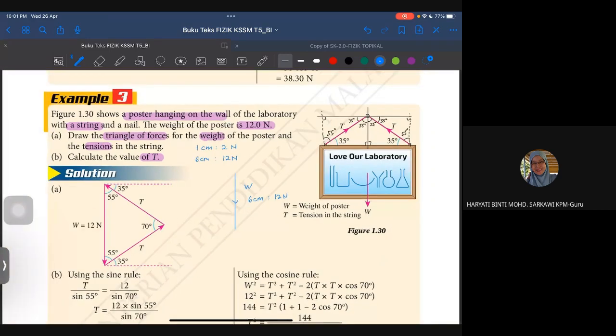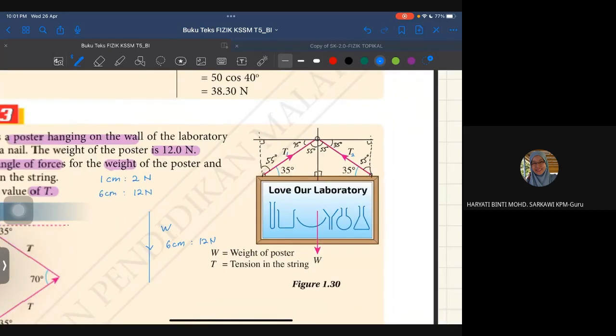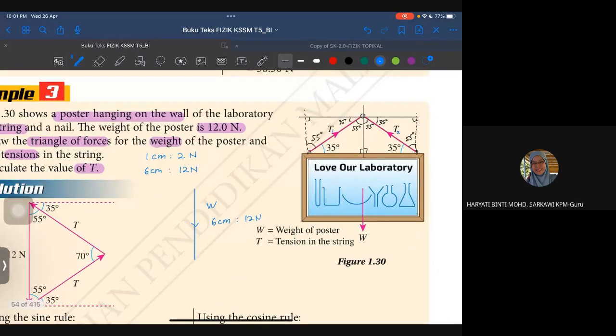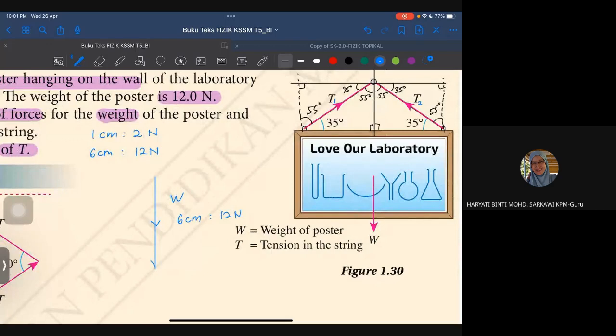Then your T. So I can label like this, T1, T2. T1, up to you to continue with which one. Let's say continue with T2. So T2 will be here. But I need to know what the angle is. So which angle should I draw? Is it 35, this angle? 35 or 55?